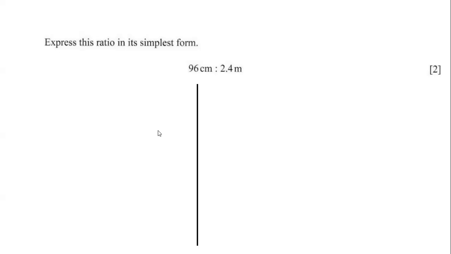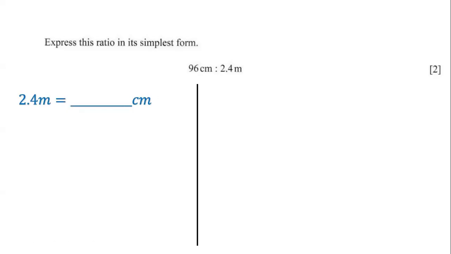Okay, so cool. Let's go ahead and answer this. The first thing we're going to do is convert the 2.4 meters into centimeters, right?